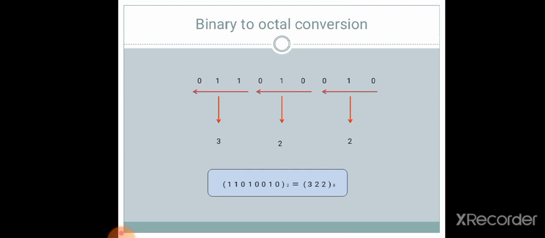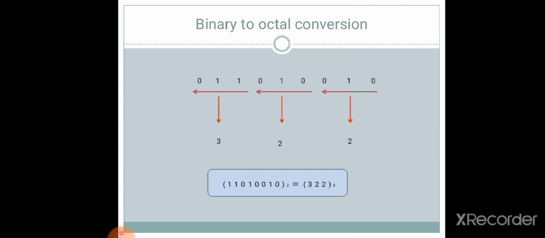So if you find there are fewer numbers for grouping 3-bit binary, then you have to put zeros to complete that incomplete group, which is called 0 padding. After making groups of 3-bit binary, you put the decimal equivalent, and after putting the decimal equivalent you will get the octal number, right?